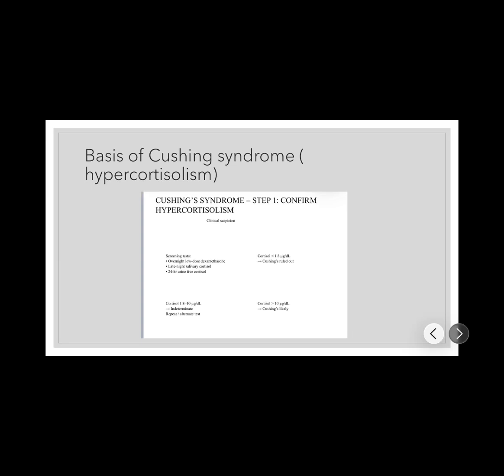Now, in the case of Cushing syndrome, if you give a low dose steroid, you do the overnight low dose dexamethasone suppression test, right?